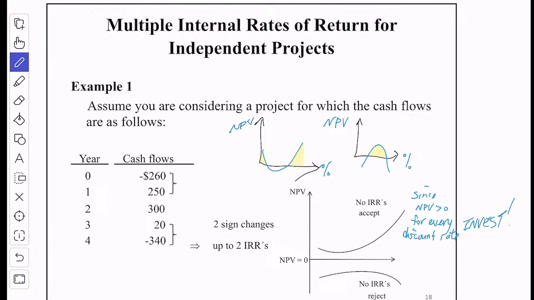Always invest. No matter what the discount rate is, you should invest. It's always positive.